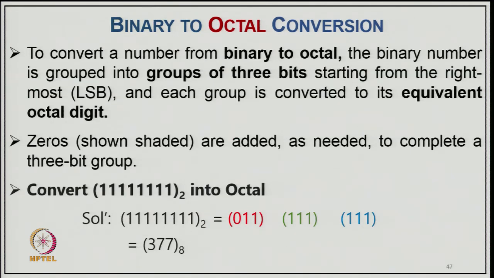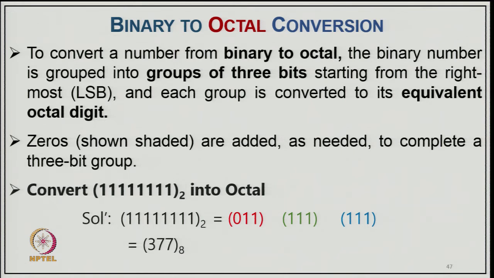So, now coming to binary to octal conversion. To convert a number from binary to octal, the binary number is grouped into 3 bits starting from the right-most bit, and then each group is converted to the equivalent octal digit. Zeros, shown here shaded, are added as needed to complete the 3-bit group.